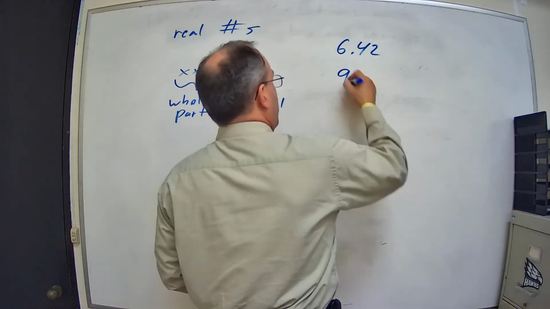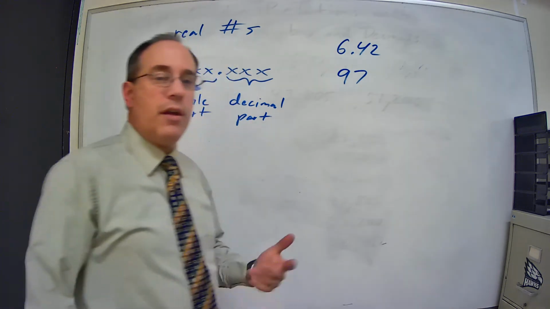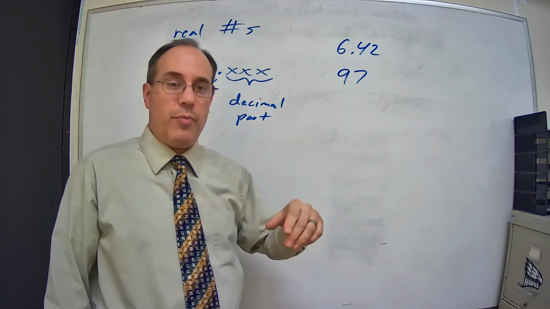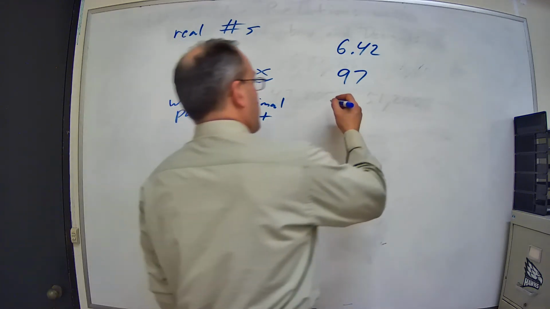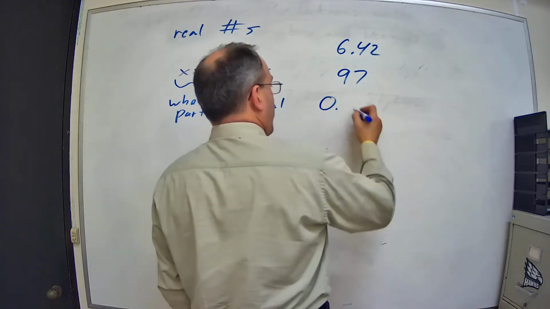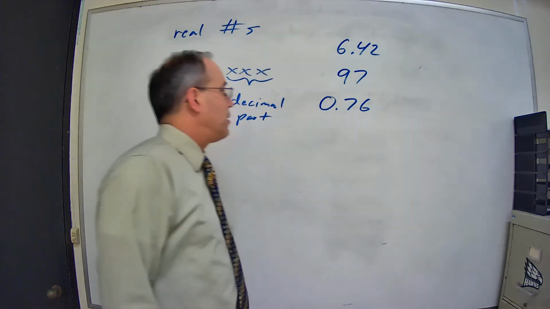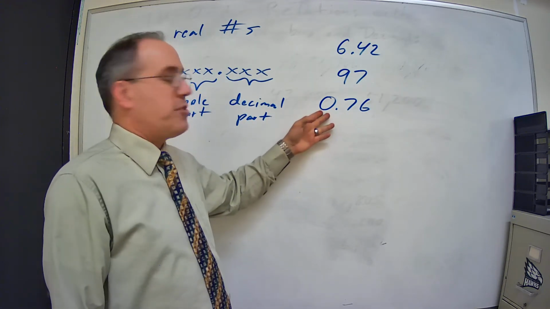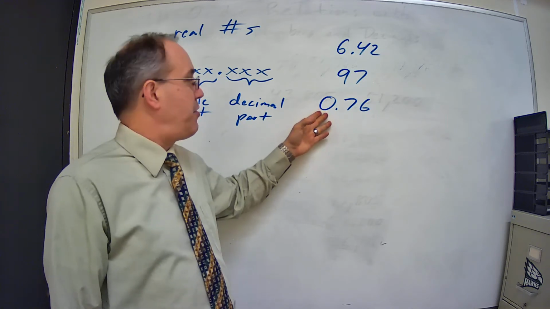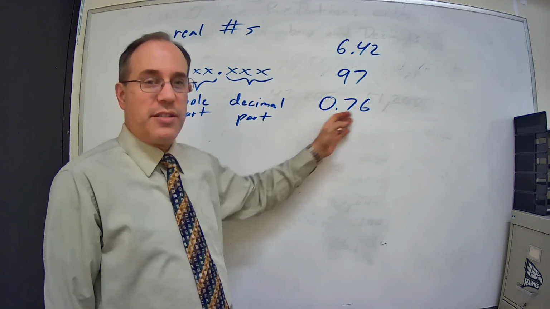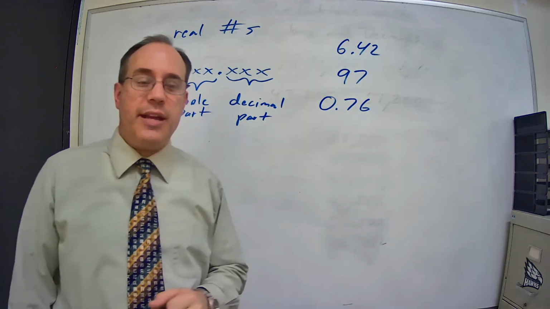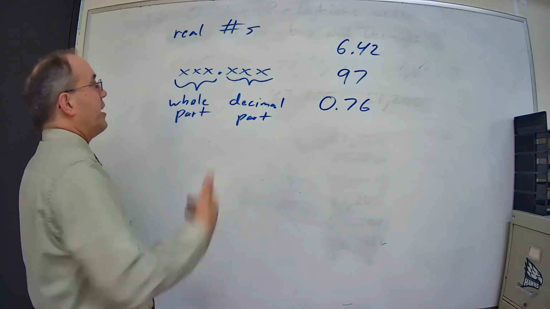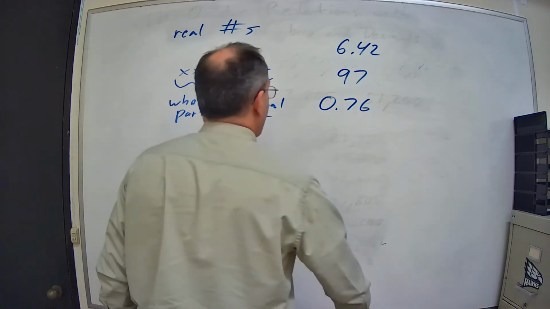We have 97, a real number with a whole part of 97, it doesn't have the decimal part. 0.76. I like to put zeros before my decimal points, but the whole part is nothing, and the decimal part is this 76, the part to the right of the decimal point. So just a little relation of real numbers.